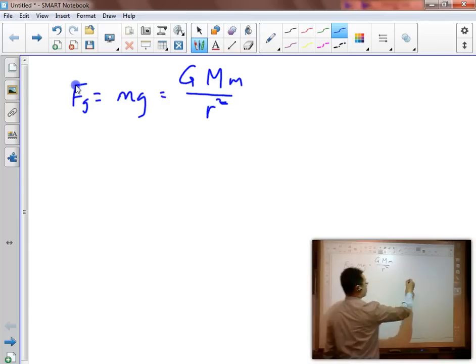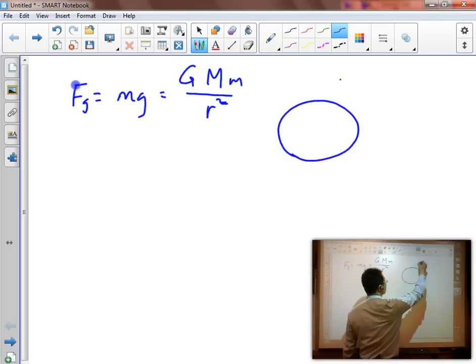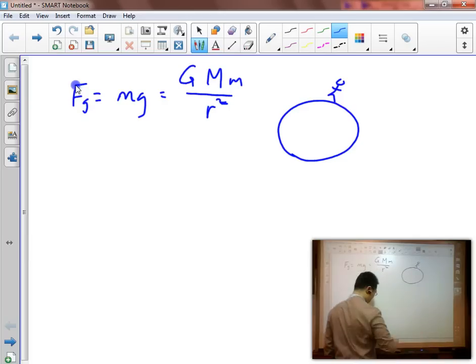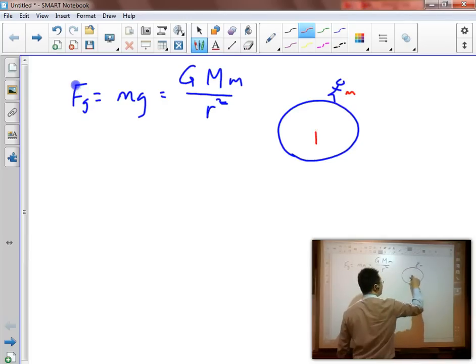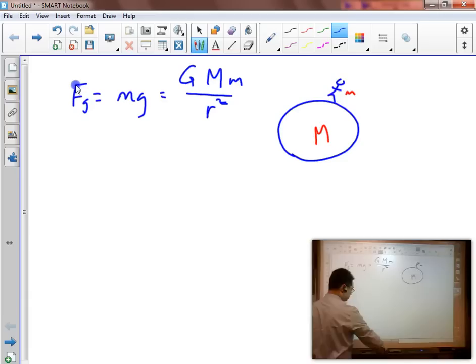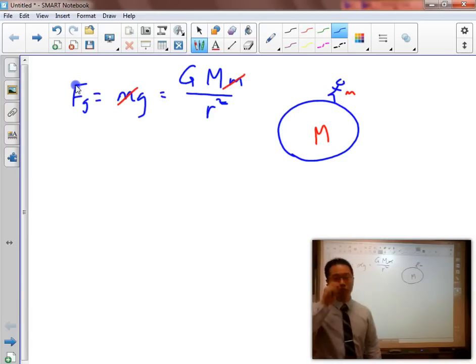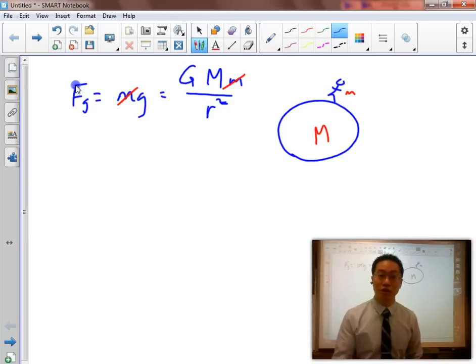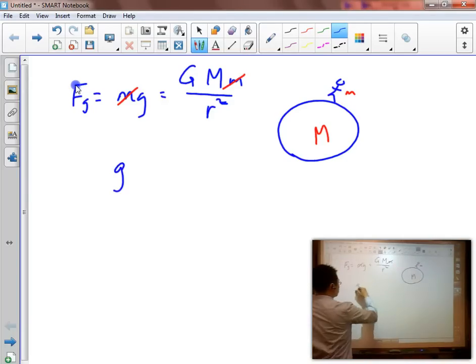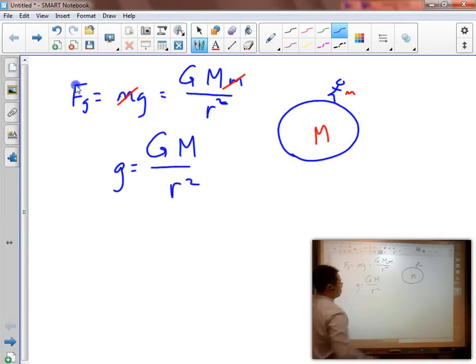So let me just draw this. Here's the Earth, here's the person, we have the little mass, we have the big mass. Now the little mass cancels out, meaning that I'm able to solve for the gravitational field of the Earth itself using g equals the universal gravitational constant times the mass of the Earth divided by the radius of the Earth squared.